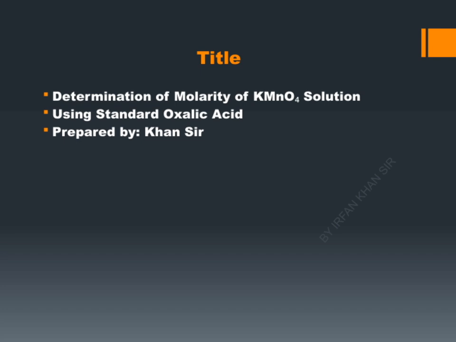We use it to titrate the KMnO₄ solution, which is our unknown. By carefully measuring how much oxalic acid is needed to react completely with the KMnO₄, we can calculate the molarity of the permanganate solution. This process is important because KMnO₄ is often used as an oxidizing agent in various chemical analyses, so knowing its exact molarity is essential for accurate results.